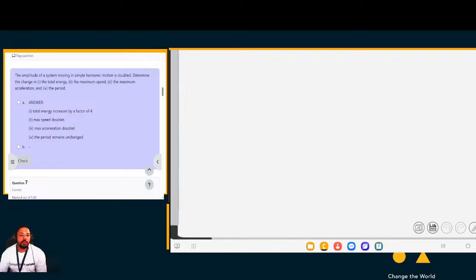Now the first one is the total energy. Let me just get one of my notes here. How do we calculate the total energy of a simple harmonic oscillator?